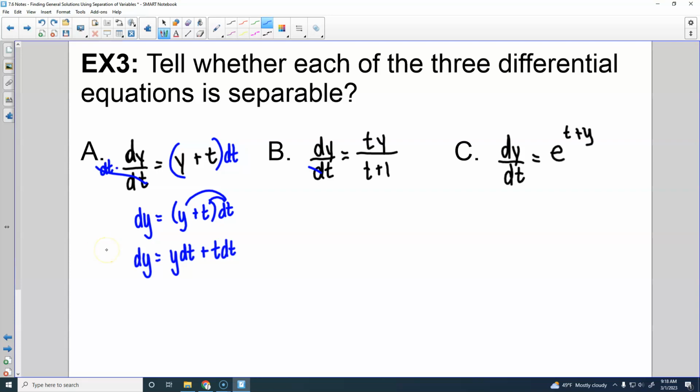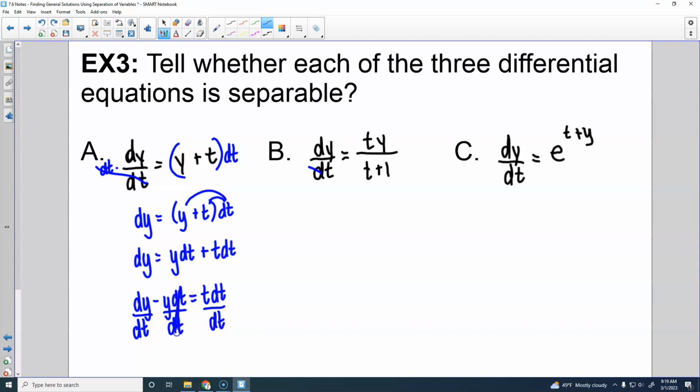This is going to be a dead end. If I wanted to get rid of the dt, I would have to divide by that dt, but then I'd have to divide this by dt too.